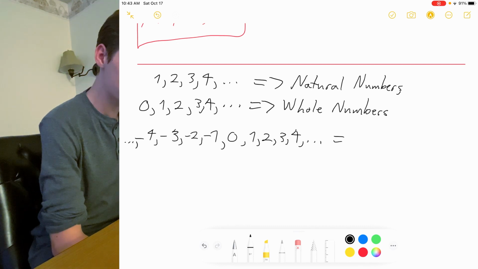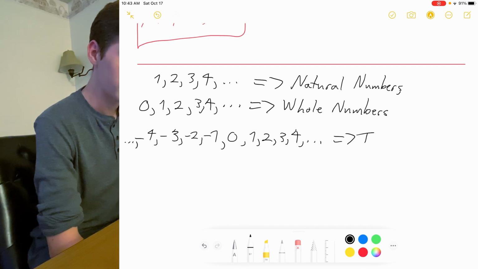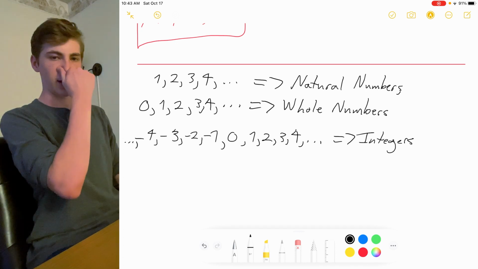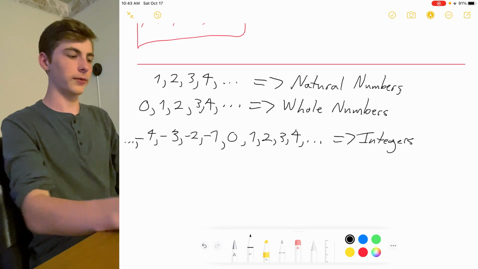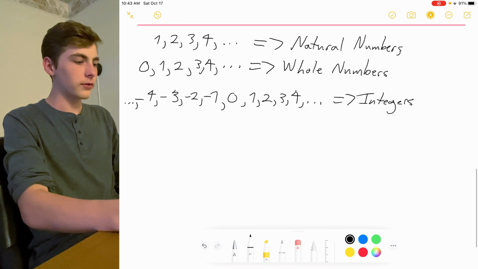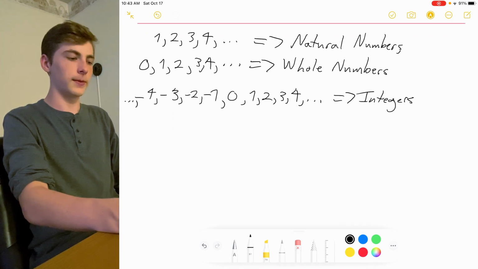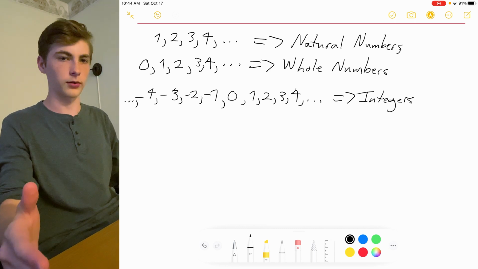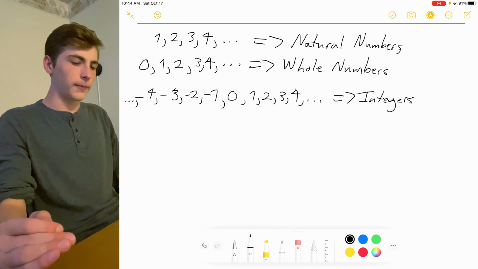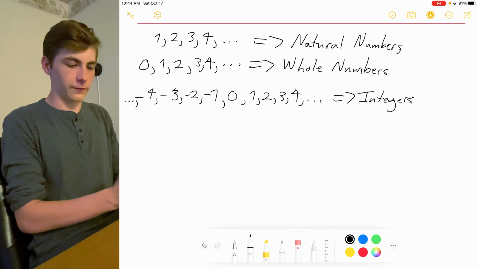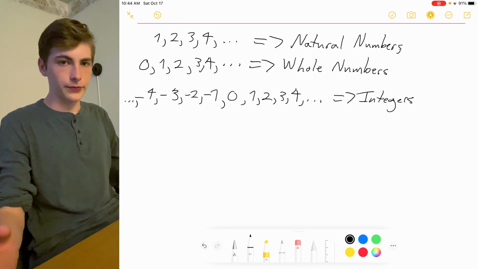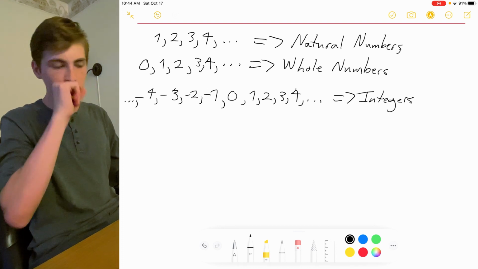We call these the integers. I'm sure you've heard this before. These are a very important set of numbers for math, and they allow us to do a lot of things.